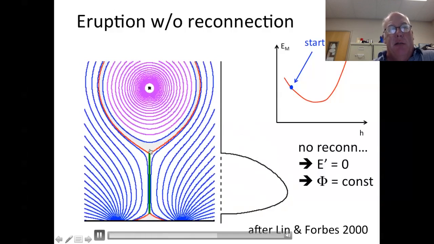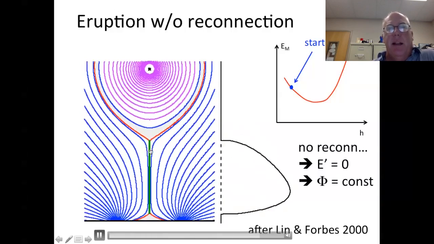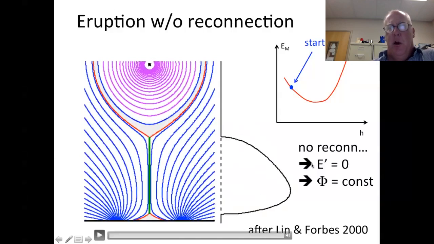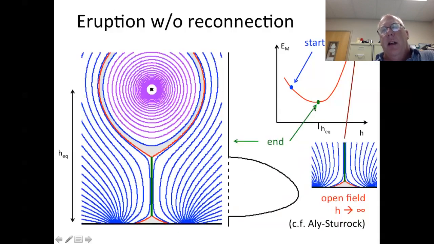And this is actually the equilibrium state of this magnetic field. I have enforced the condition that no magnetic reconnection is occurring. There's no electric field inside that current sheet. So the flux, this gray region and then the gray region in the flux rope, is not changing. So what we get is this distribution of current that I've shown by this loop here. And so that's the bottom of the potential well.